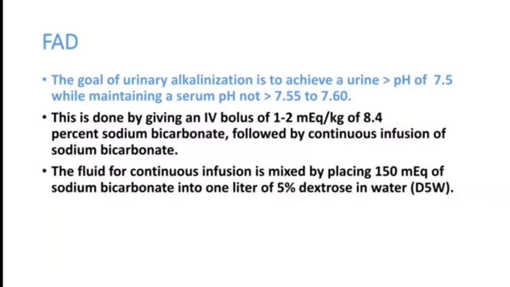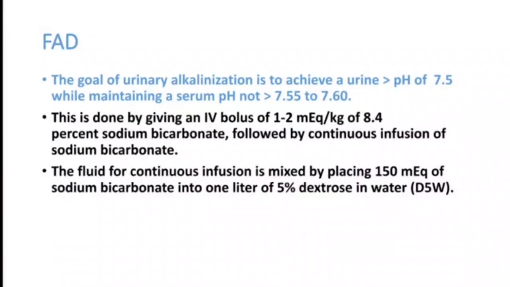Now we'll see what forced alkaline diuresis is. In forced alkaline diuresis, you give fluids, you give Lasix or furosemide, and you give sodium bicarbonate to increase the alkalinity of the urine so that you can remove the drug through the urine.